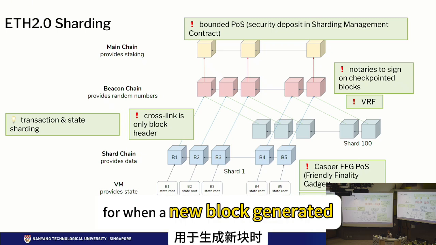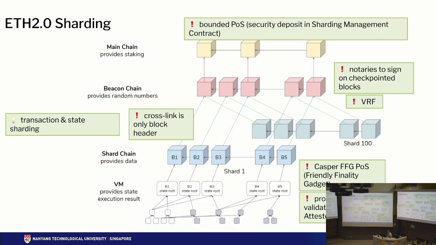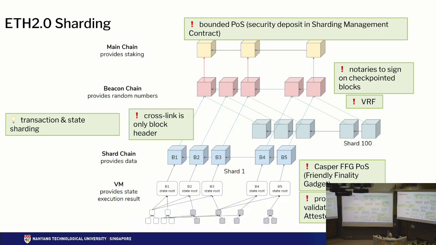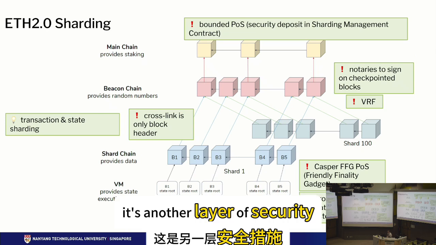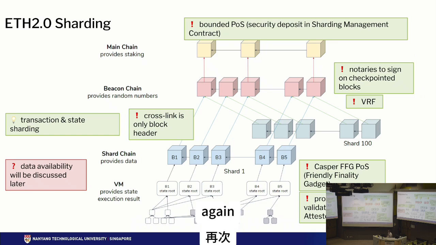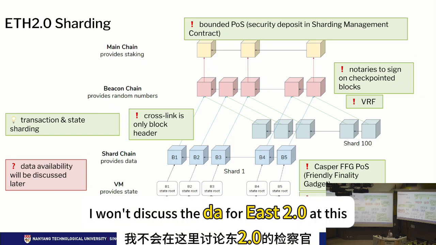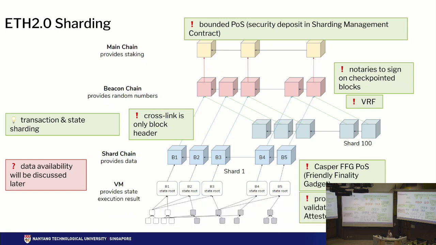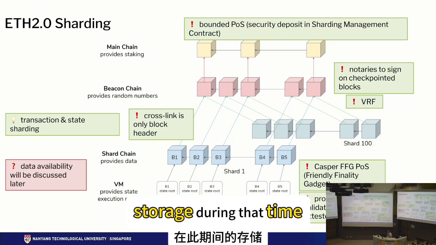When a new block is generated, we have this idea of a notary to sign the new block. It's another layer of security, think about it that way. Again, I won't discuss the DA for ETH 2.0 in this lecture, but we'll discuss it in scaling storage at that time.